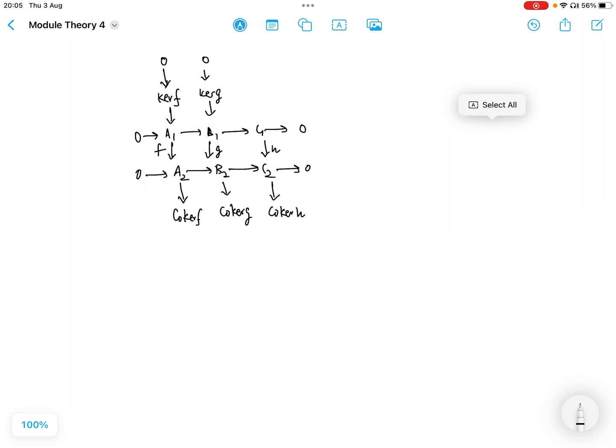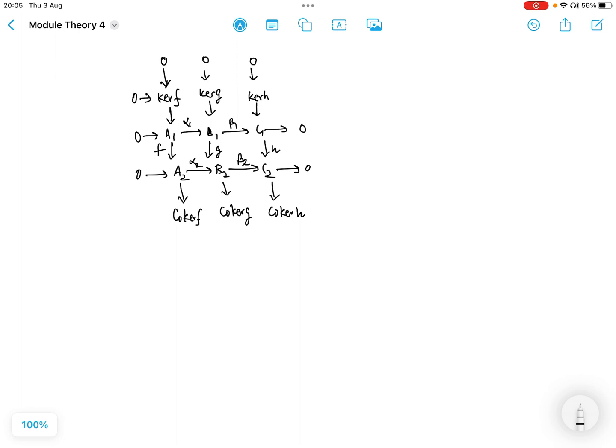Okay, and you can extend it to 0. Anyway, we don't need that 0 on top, so you can remove it as well. And suppose you have this map between A1 and B1 as alpha 1. Let's call it alpha 2. This is beta 1. And let's call this now beta 2.